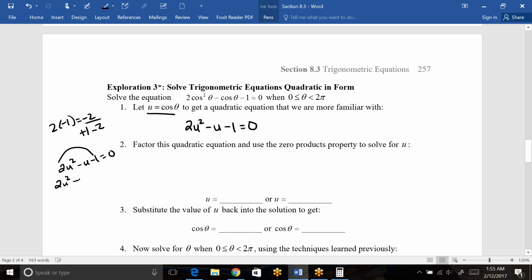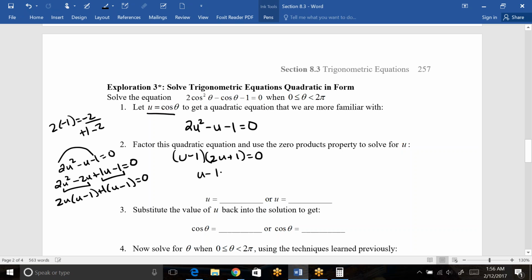Then you take that and you split this middle into 2 pieces, and it doesn't matter which one you write first. You then pull out a GCF by factor by grouping, and we have to pull something out, so I'm going to pull out a 1. And then we set the u minus 1 as one parentheses, and the parts in front are the other parentheses.